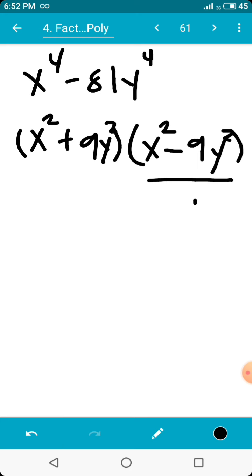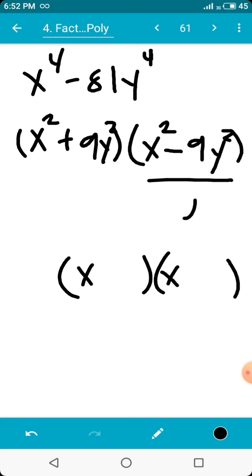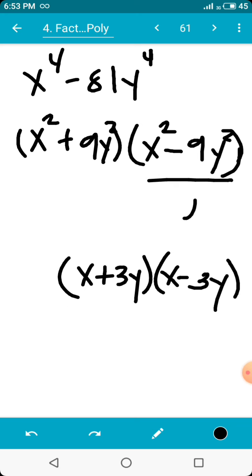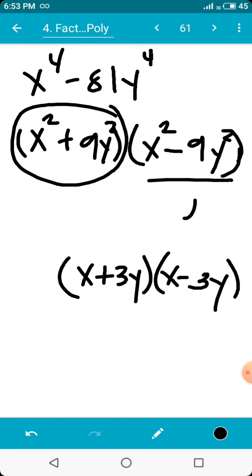So, i-factor out natin to and it will become x times x, and then yung 9, that's 3. And then yung y squared, that's y. And then, addition and subtraction. So, ito yung factors ng x squared minus 9y squared. Then, etong dito, ibababa na lang natin, ilalagay natin dito.